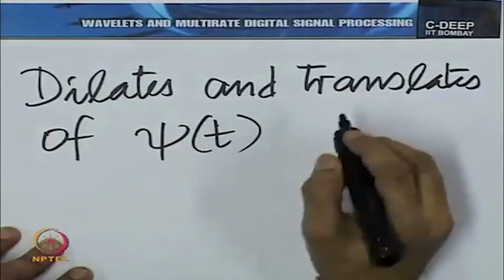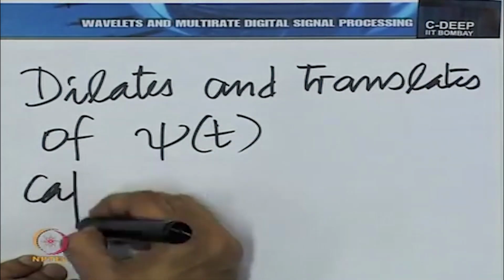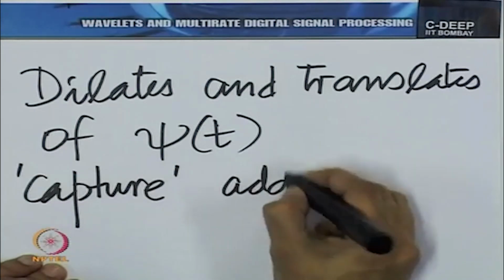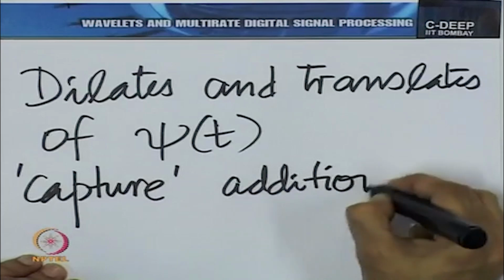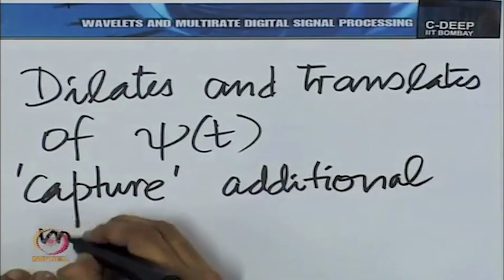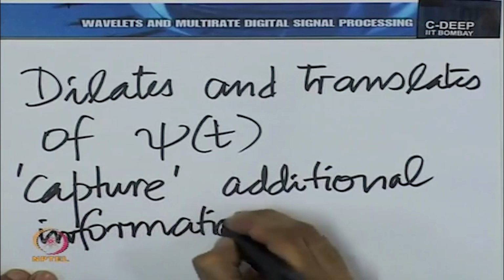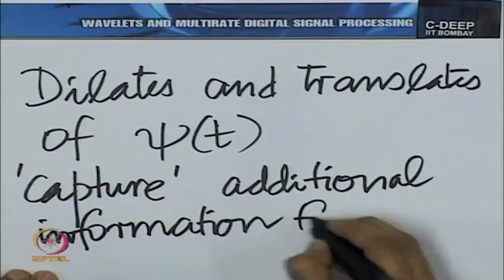Dilates and translates of psi(t) capture the additional information in f2(t) minus f1(t).